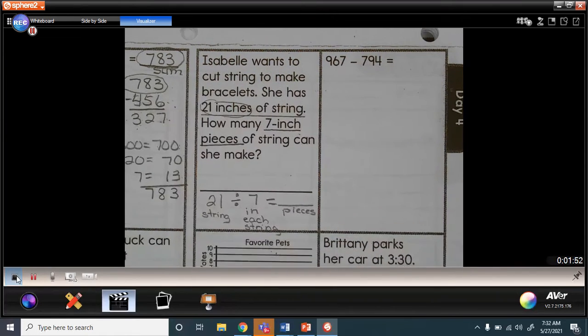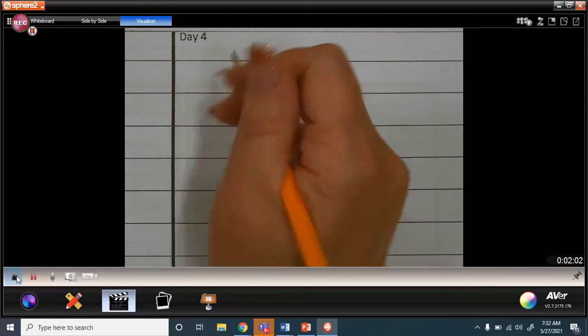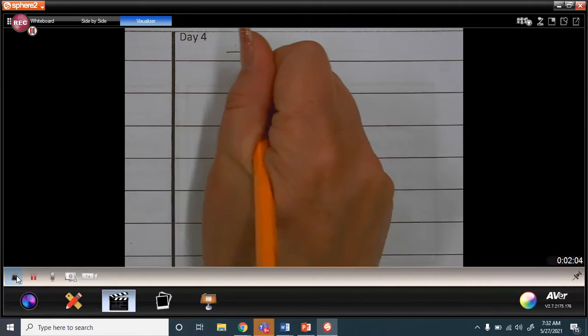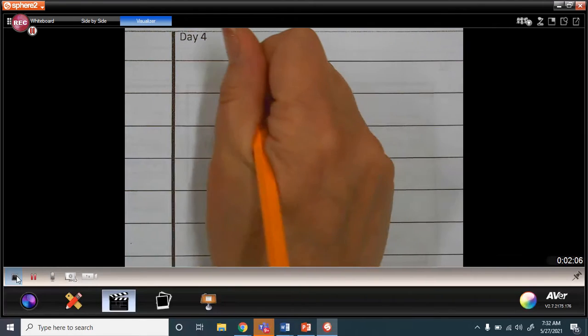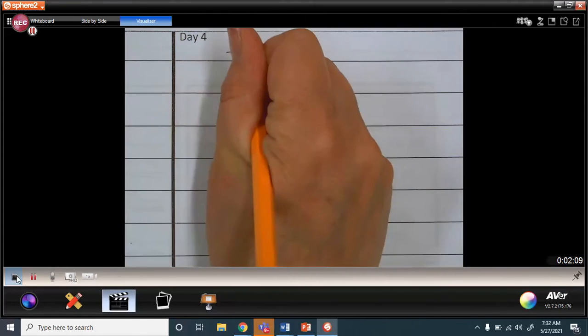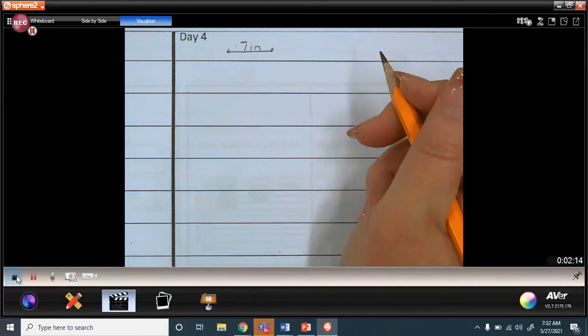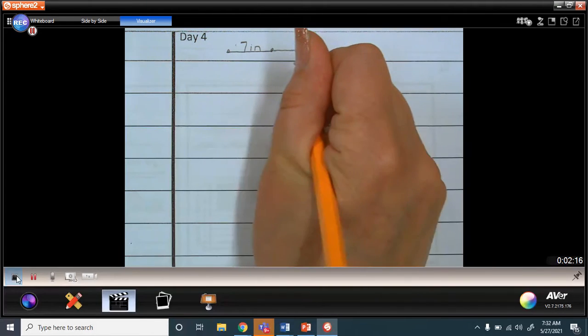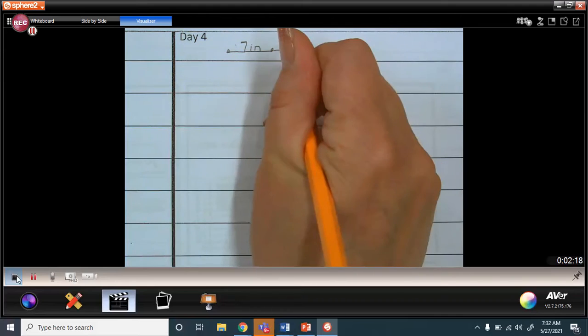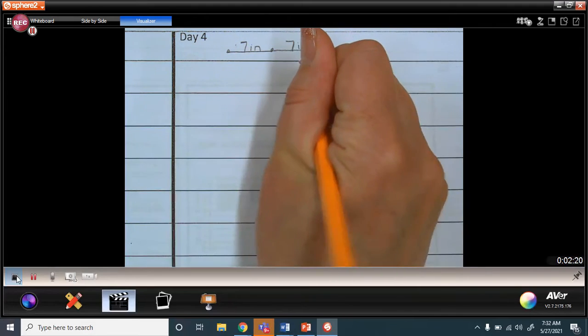So if I had, and I'm going to just use what I know about division back here in the back, and I'm going to say, okay, here's one piece of string, and that string is 7 inches long. Okay, so that's 7. Now I have another piece of string, and that piece of string is also 7 inches long.